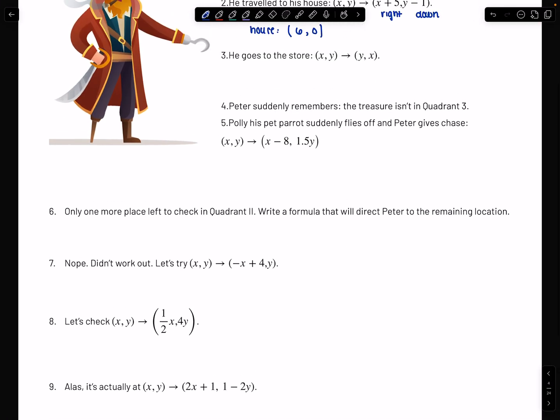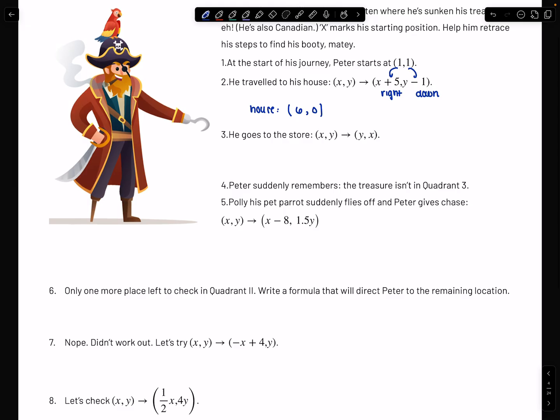Okay, Peter, he goes to the store. So XY becomes YX. Well, what's changed? The order has changed for the coordinates. And so XY becomes YX means that we're going to swap it.